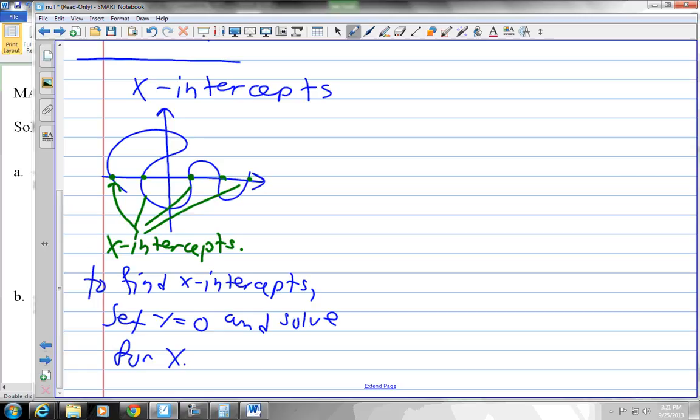The good news with linear equations is that most of the time you're only going to get one x-intercept. Sometimes you'll get none if your line is parallel to the x-axis. Sometimes you get many if your line overlaps the x-axis, but that's just silly. But most of the time, it's just one. So that's the x-intercepts. Now the y-intercepts are all those points that hit the y-axis.